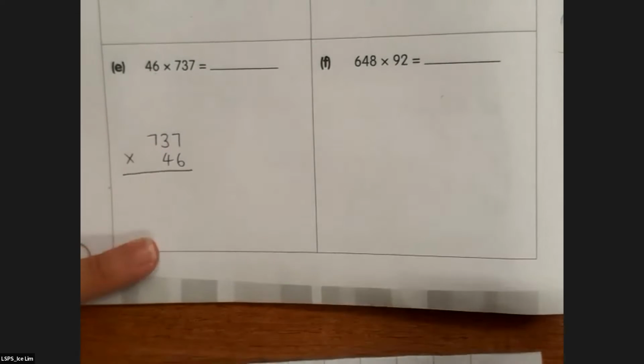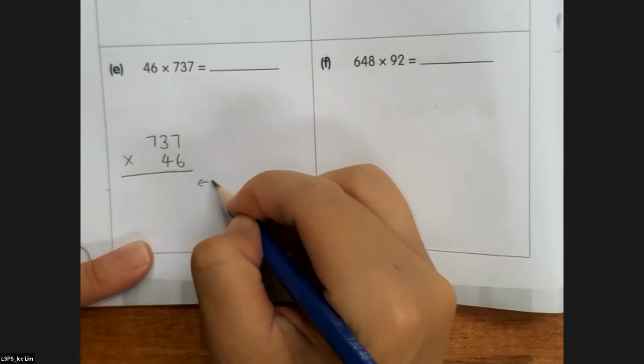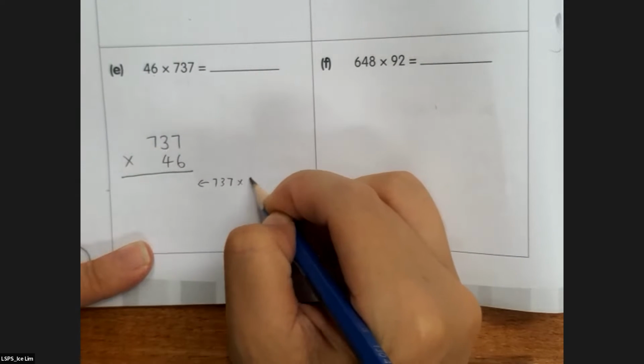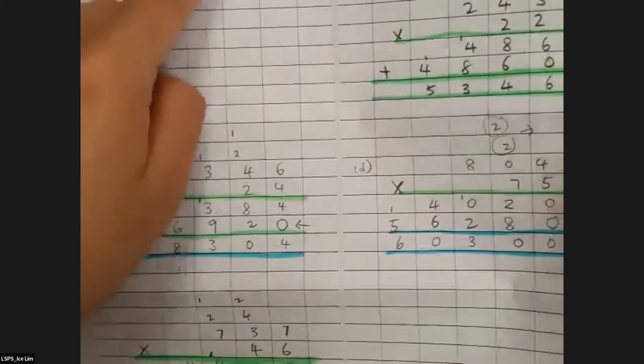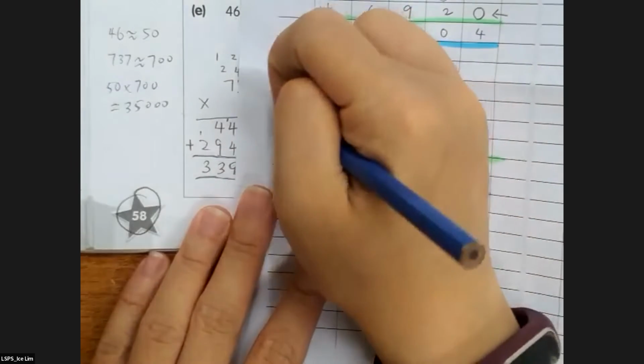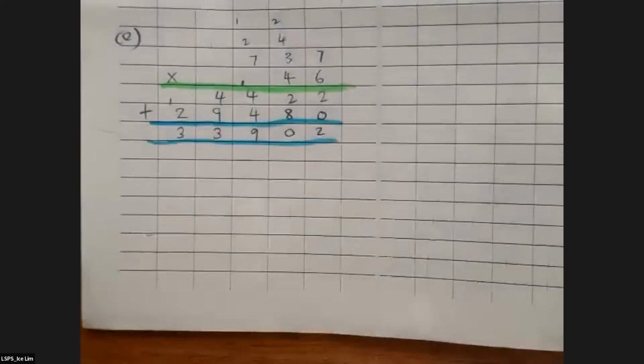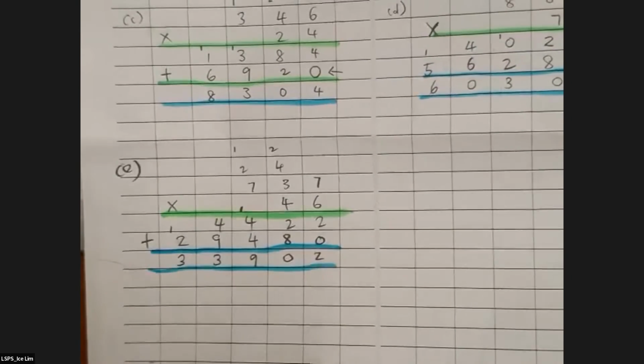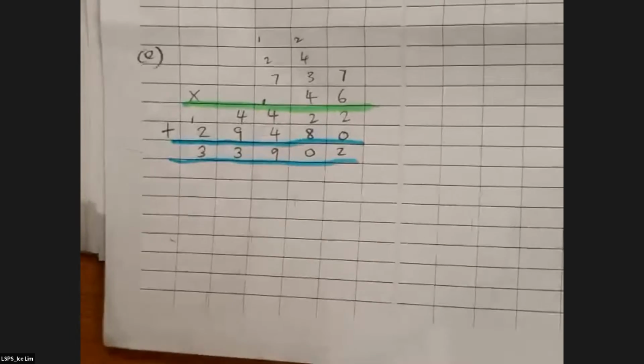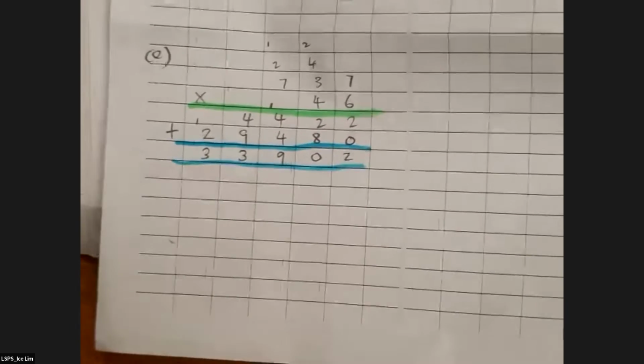So I'll make sure I have some space. So let's do 737 times 6 first. Okay, so if you did it on the paper, A, B, C, D, E, this is E, and F. If you did it on the paper, just staple the paper onto the book. You don't have to rewrite it again.